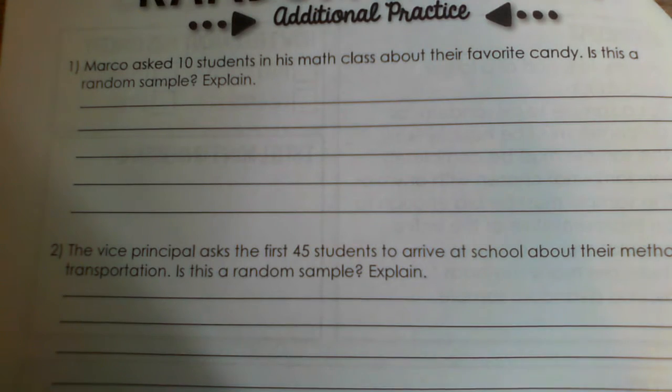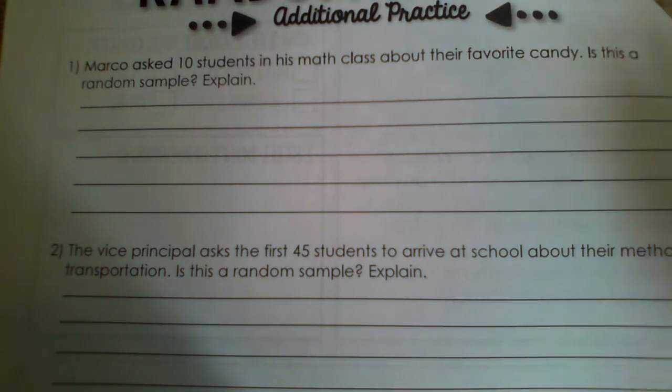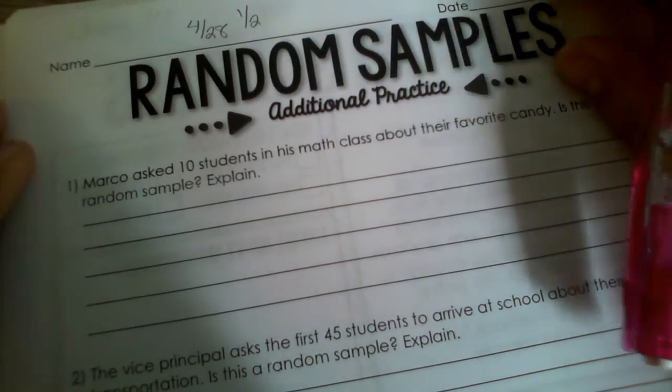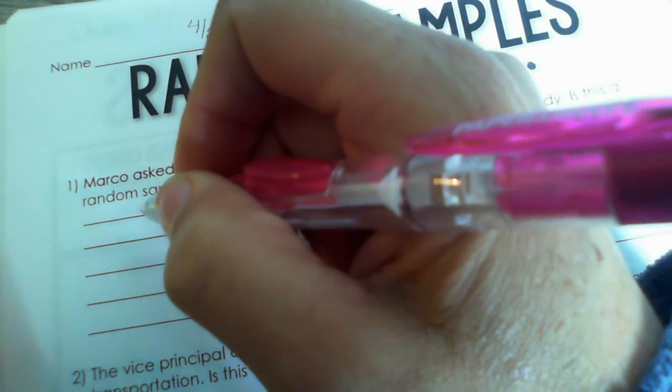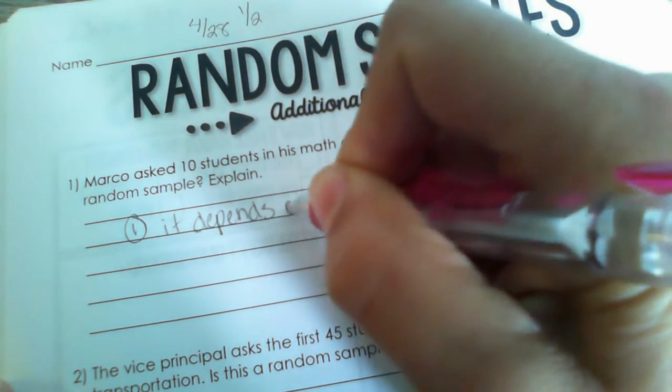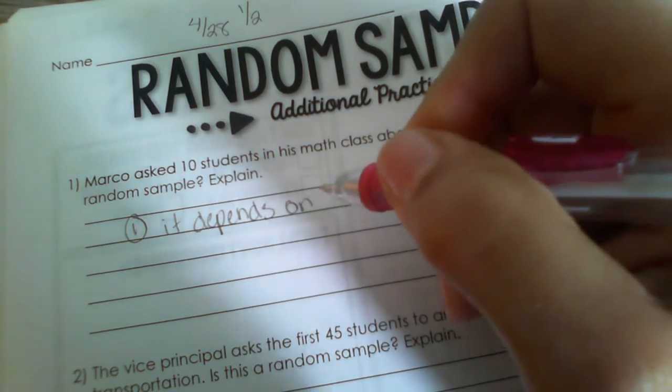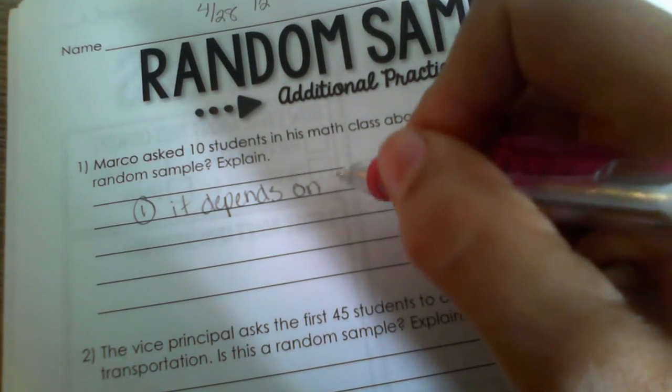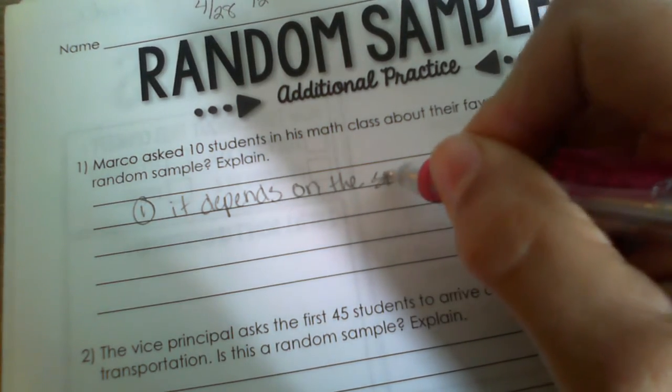Well, it depends on how big the class is, and it depends on how he chose the people he asked. So if it's a small class, then 10 is going to be enough. But if it's not, then that's too little. So I'm going to say, first of all, it depends on the size of the class.